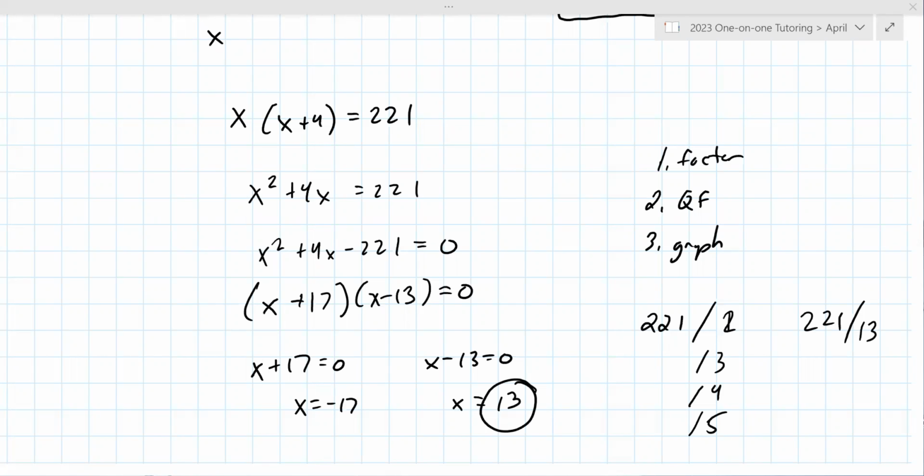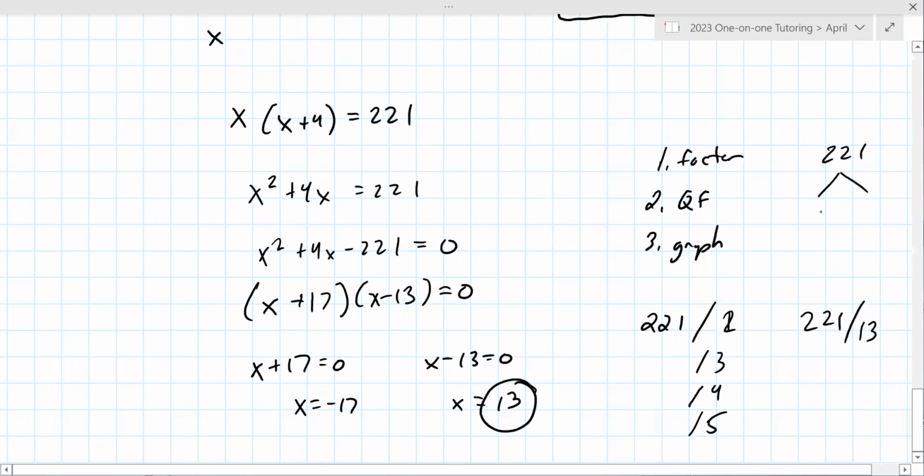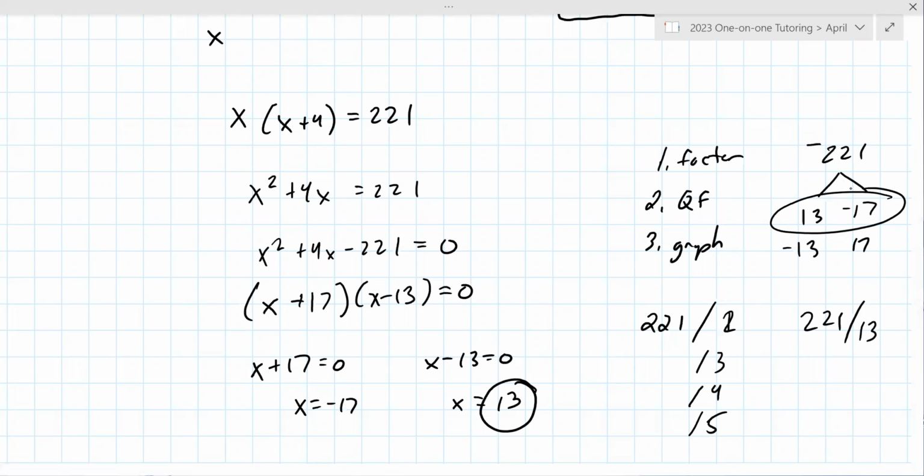So the numbers we put in the parentheses are just the two factors. It's either 13 and minus 17 or minus 13 and 17. Oh, okay. And you find the one that adds to positive 4, and that's why it's this top one. Don't get too hung up on that because you're not going to be doing a lot of this in geometry. You will do it again next year. You can remember it next year if you want.